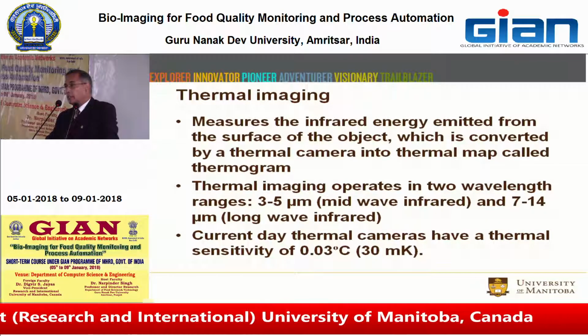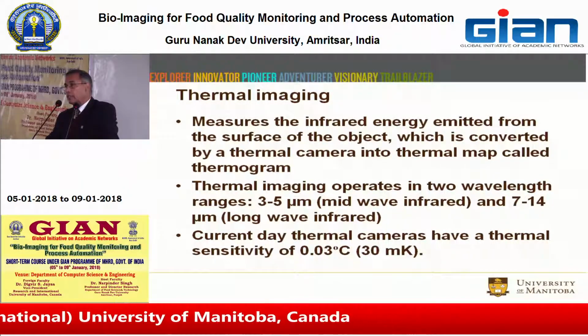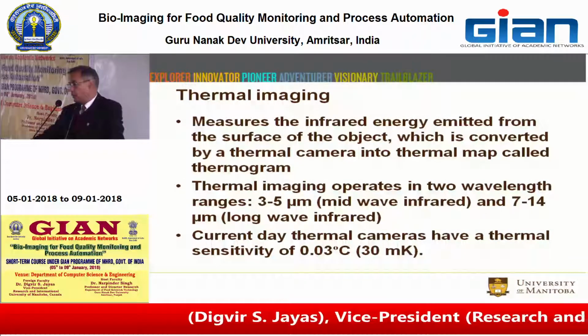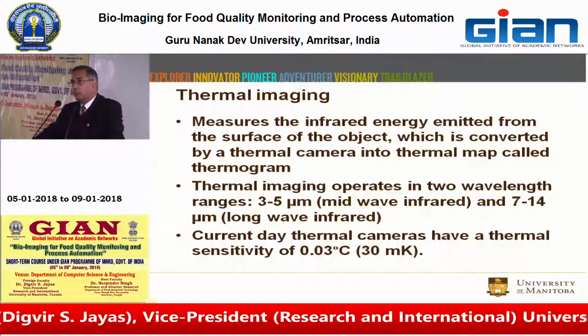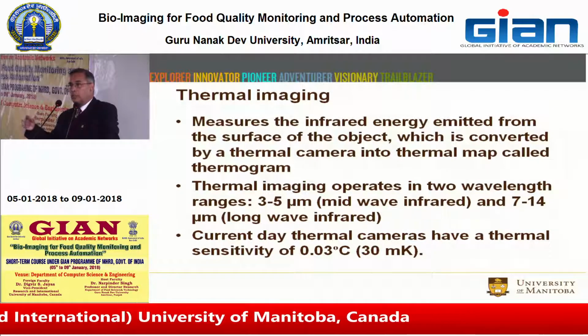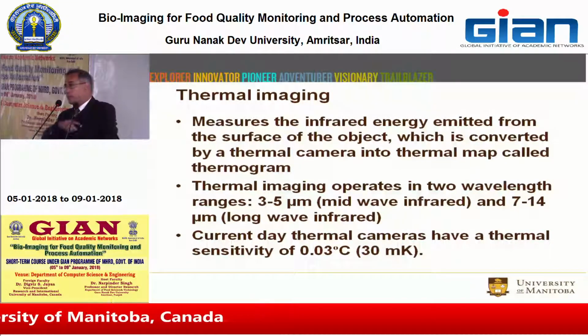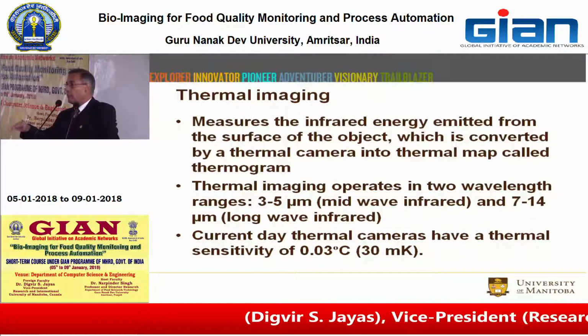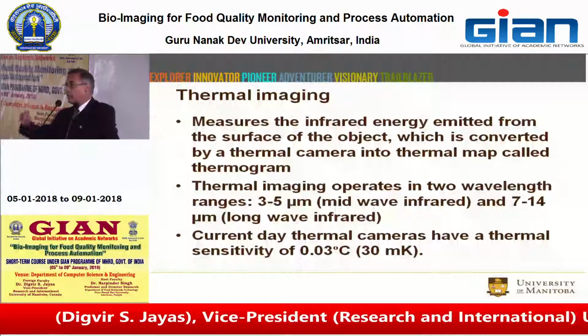In the current version of thermal cameras, the sensitivity or resolution is 0.03 degrees centigrade, or 30 millikelvin. So 0.03 is a very small change in temperature. In the example I was giving, when you are heating the infested and uninfested kernels, you only need a slight difference.